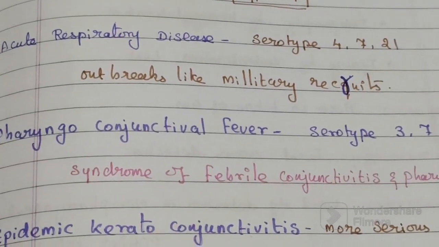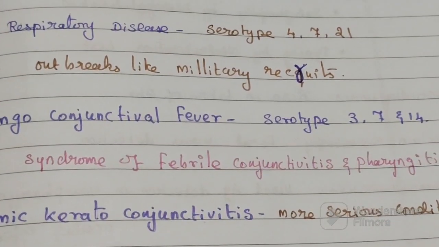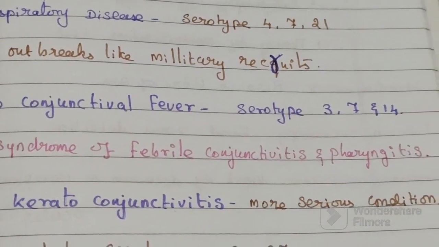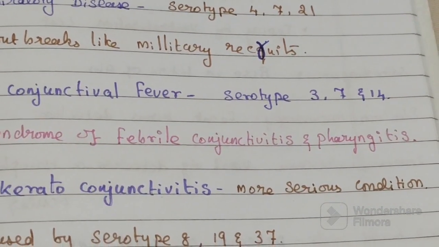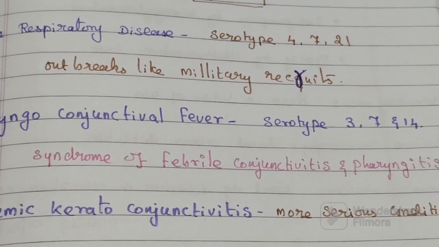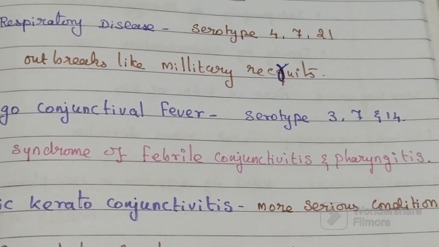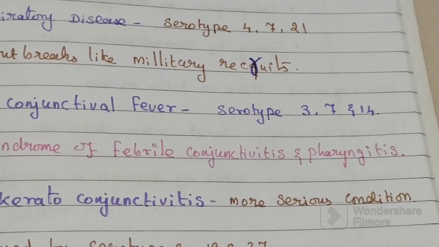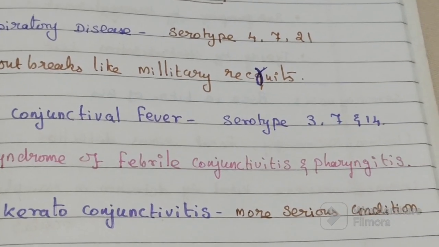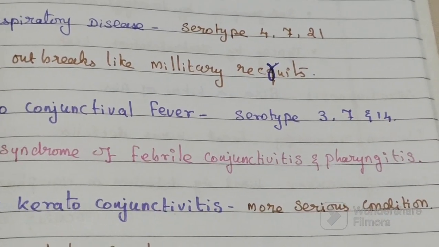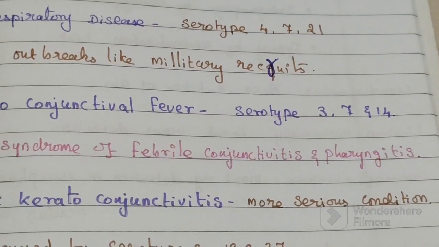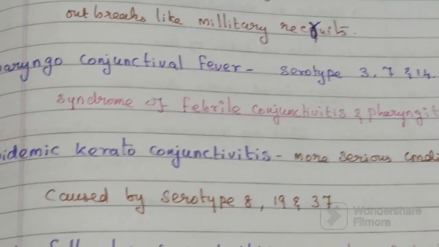Then pharyngoconjunctival fever, caused by serotypes 3, 7 and 14. This is a syndrome of febrile conjunctivitis and pharyngitis.